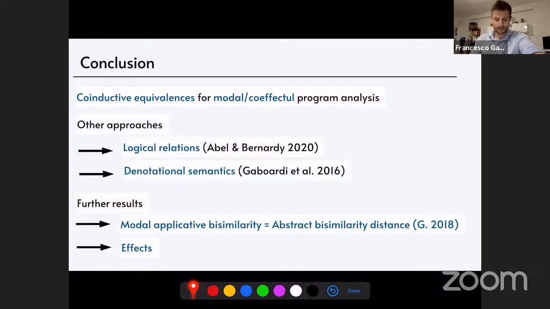And Ugo and I, in particular, have recently shown that these two analyses essentially are the same. That means that giving notions of coeffectful equality is essentially the same as giving a suitable notion of metrics between programs in an abstract setting.